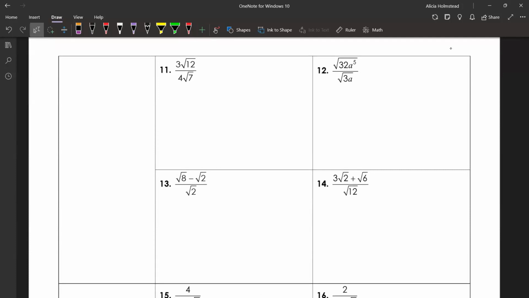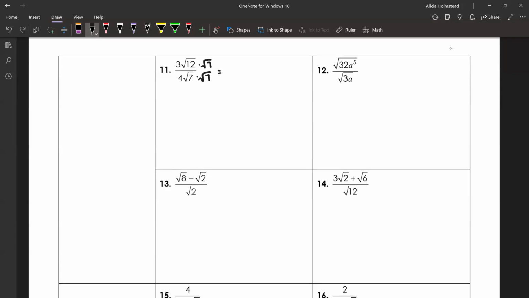Alright, let's keep going. So we can't simplify that any further. Well, we could. Square root of 12 simplifies, but let's rationalize the denominator first. So square root of 7 is the problem, so we'll multiply the top and the bottom by the problem.